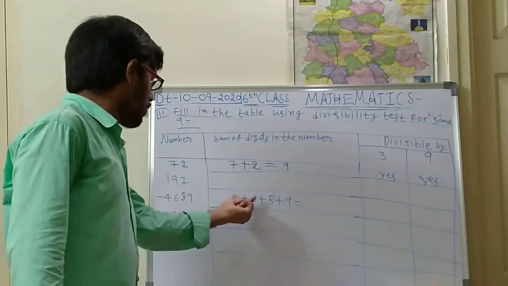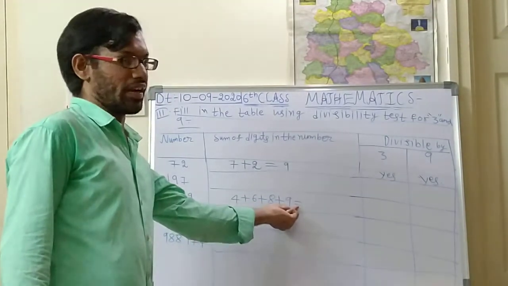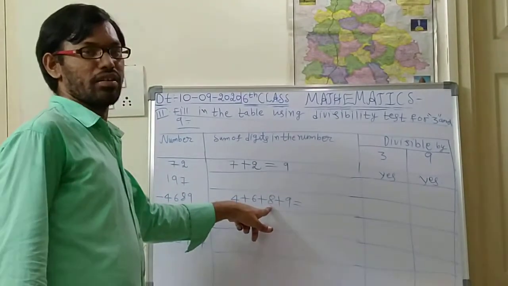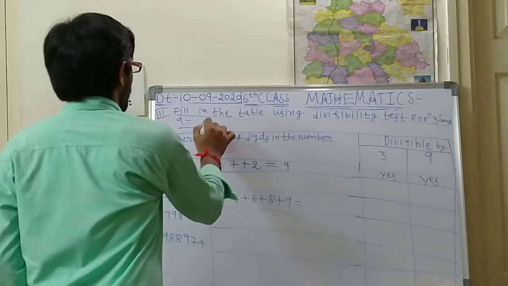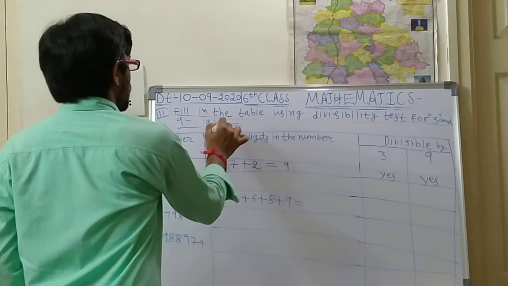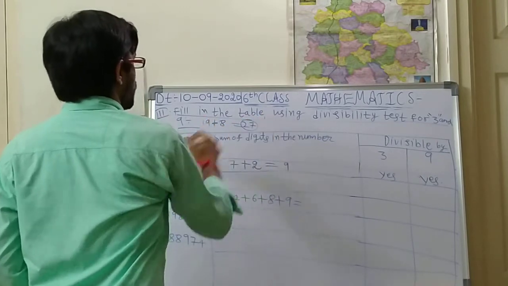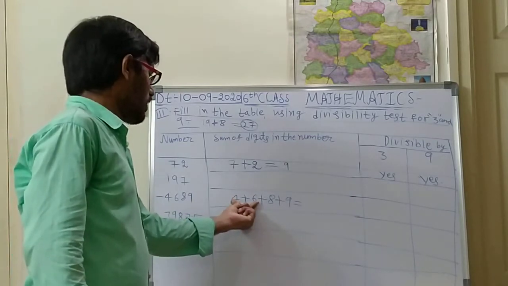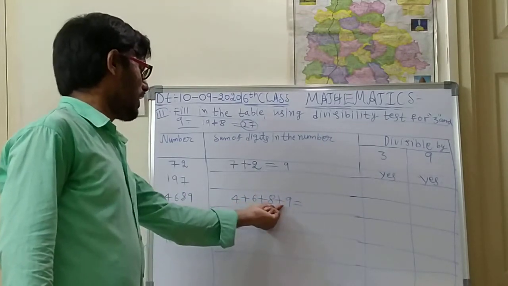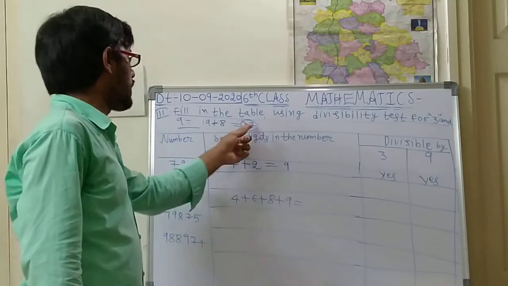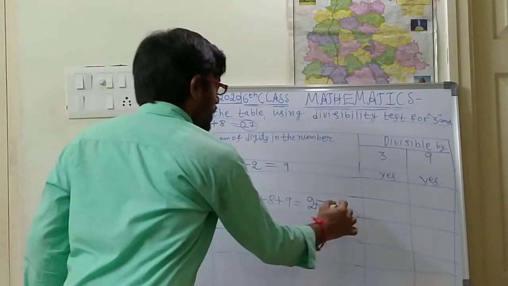What is the total of this one? 4 plus 6 is 10. 10 plus 9 is 19. 19 plus 8 is 27. Then 27 again you add. 2 plus 7 is 9.